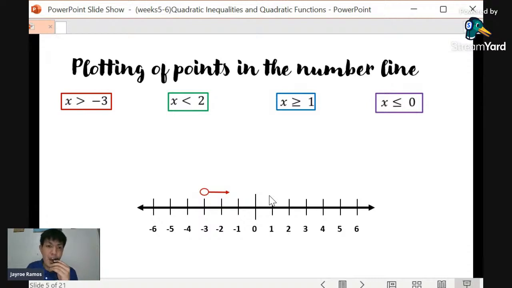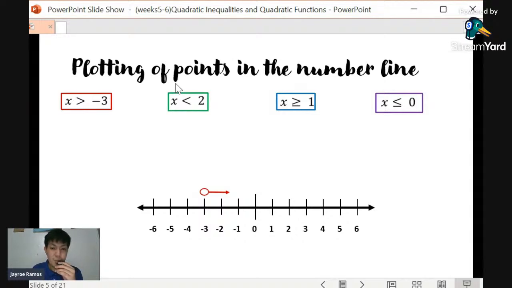Okay, next. So how about the next given? Kabaliktaran naman yan nung una nating example. So that is less than. Okay? Less than. So when we plot the point, itong pangalawa, x is less than 2. Ang una nga nating gagawin, i-identify muna natin kung nasaan yung number.